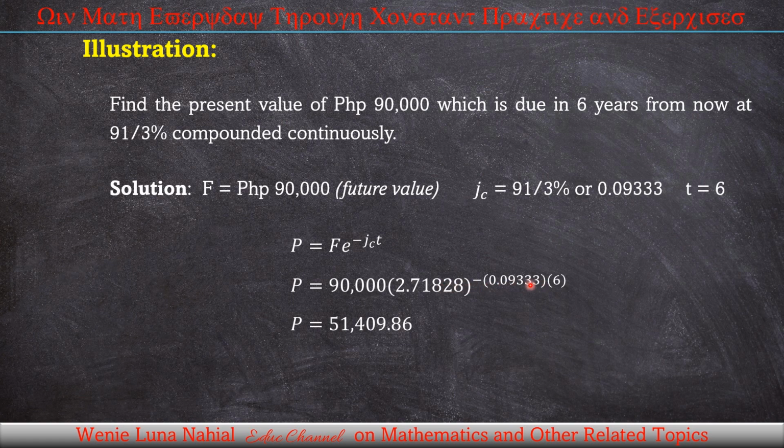Use the scientific calculator and you get 51,409.86. So this is the present value, or the initial amount to be invested, for someone to have 90,000 pesos in 6 years time.